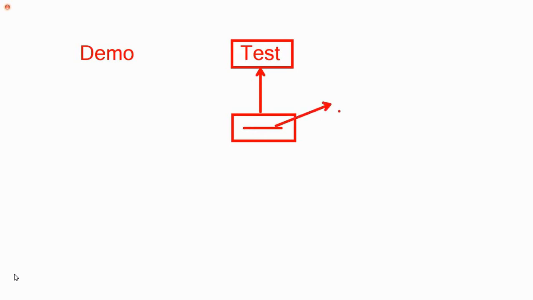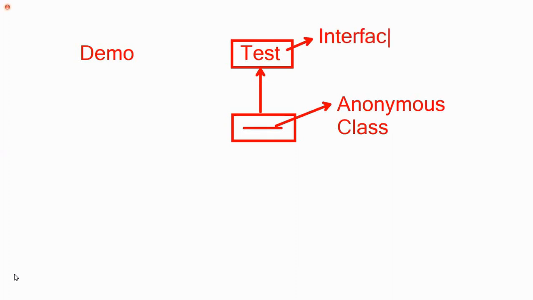So it is an anonymous class. Test is the super interface. It is an interface. Demo is a normal class.